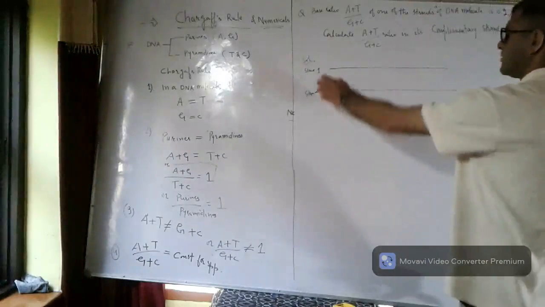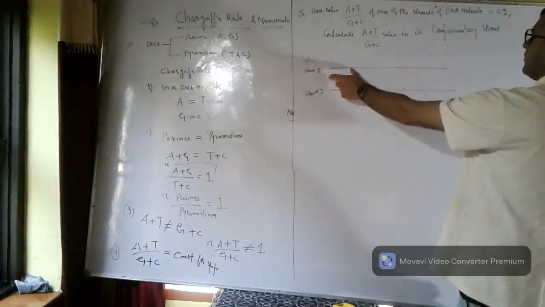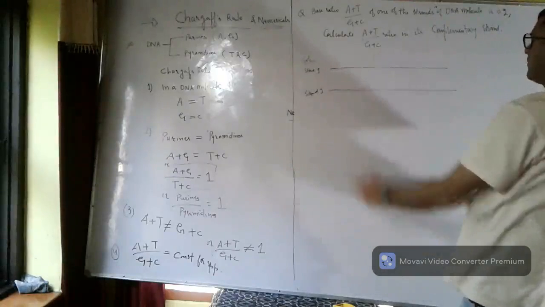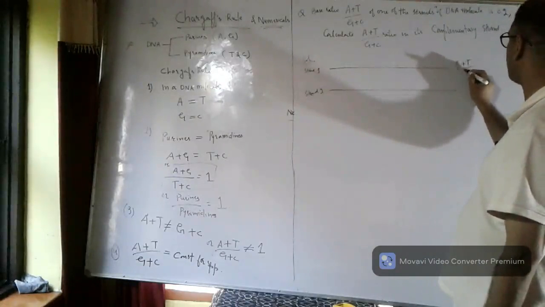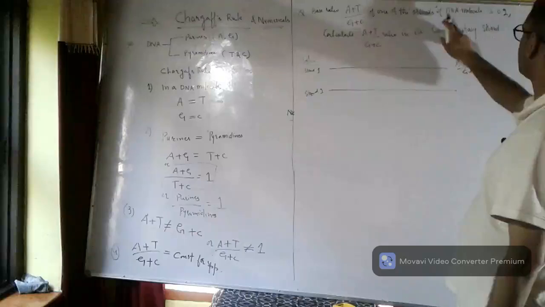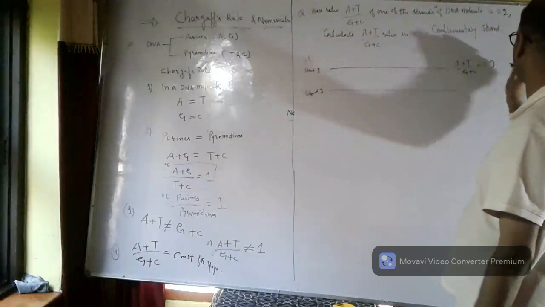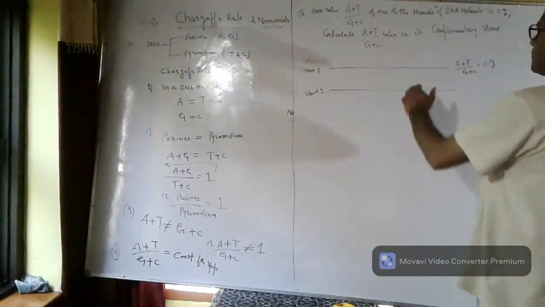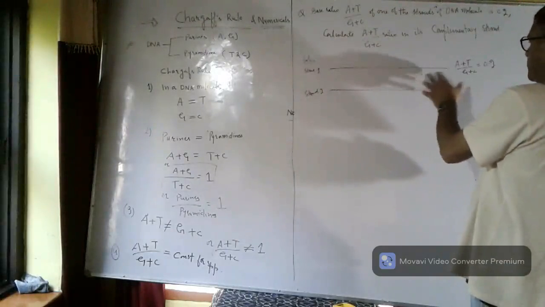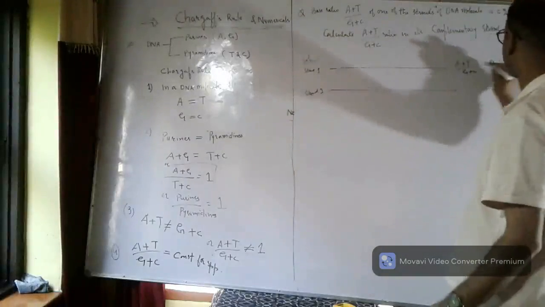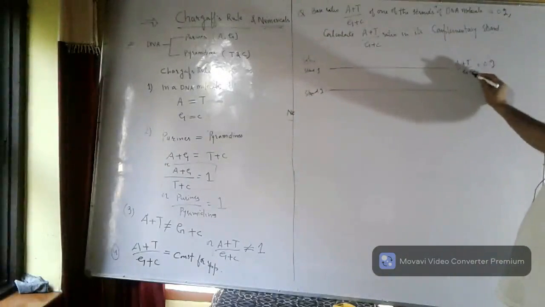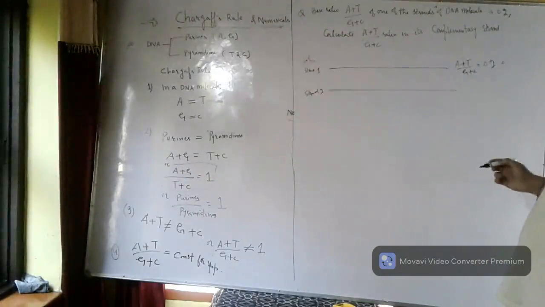In strand first, adenine plus thymine by guanine plus cytosine ratio is 0.2. Now we have to calculate the ratio in the complementary strand.